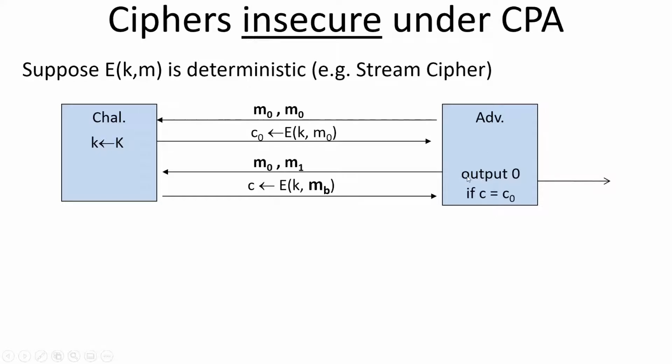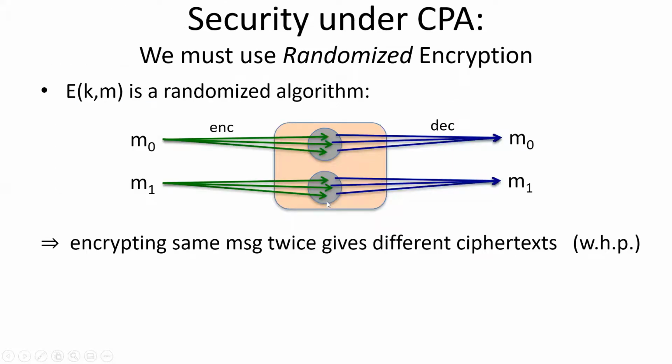So the advantage of this attacker is 1. It's a perfect attack. This basically shows that deterministic encryption is hopeless, and stream cipher is hopeless for this type of thing. So encryption must be randomized.